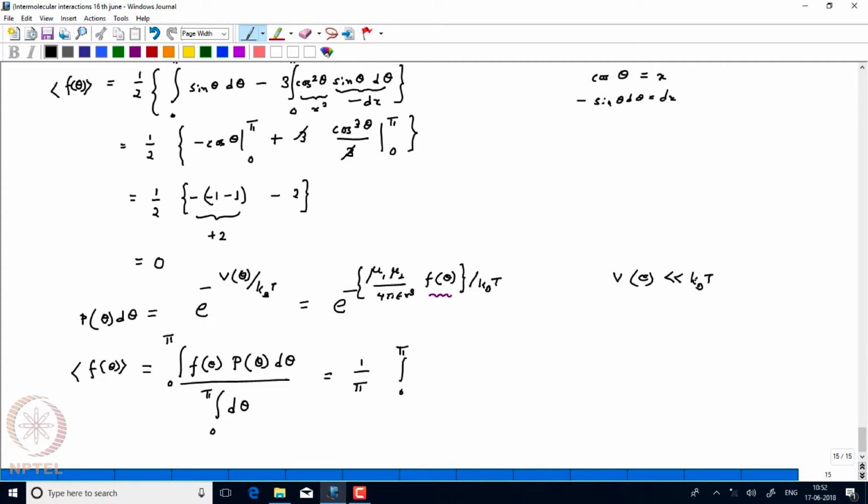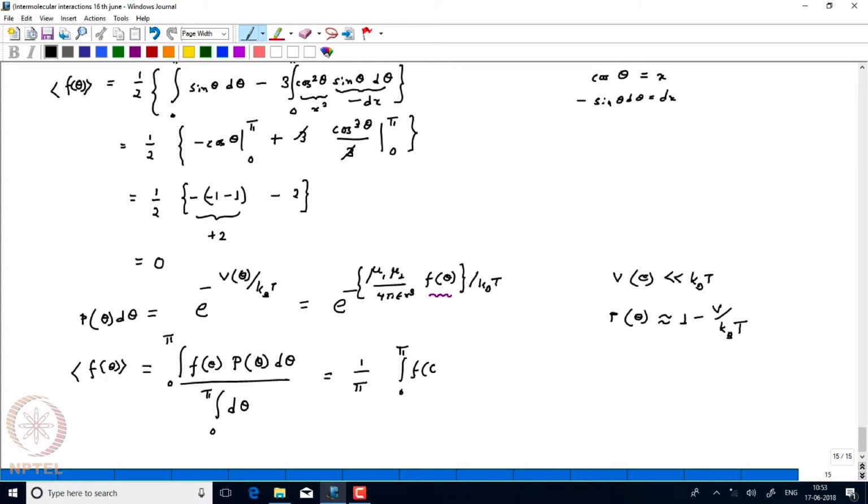Then we can approximate this by expanding the exponential series, and write the probability distribution considering only the first term. The expansion of e to the power minus x is 1 minus x plus x squared by 2 factorial. I am just considering the 1 minus x term. So it is 1 minus v by kBT, and then we are going to write that.